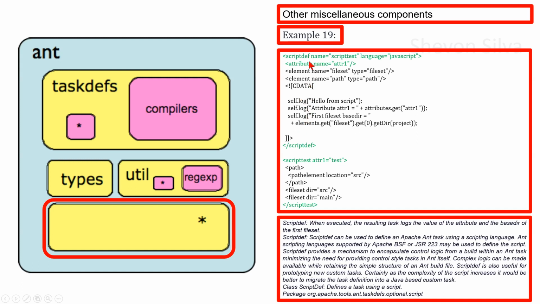Regarding the API, we can consider script def. The class script def defines a task using a script. This is the package org.apache.tools.ant.taskdefs.optional.script. The following definition creates a task which supports an attribute called ATTR1 and nested elements, one being a file set and the other a path.